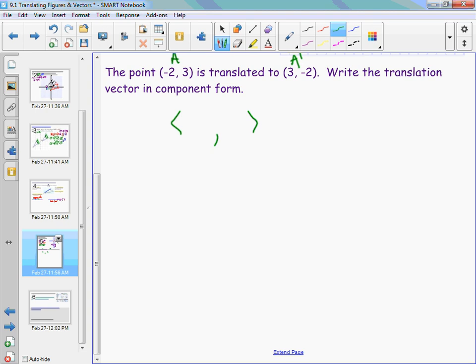So our first part is, how far is it from negative 2 to 3? You can think about this on a number line if you want, in a coordinate plane, or you can simply take 3 minus negative 2, and we get 5. Again, remember when doing this, it will be image minus pre-image.